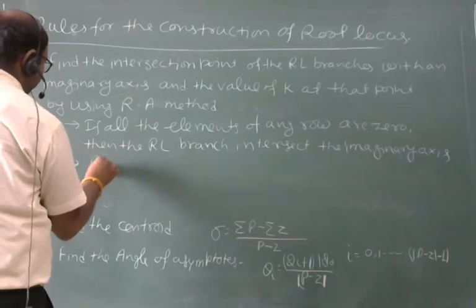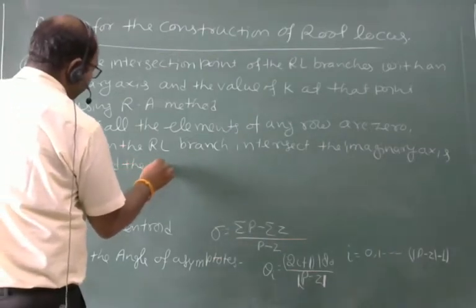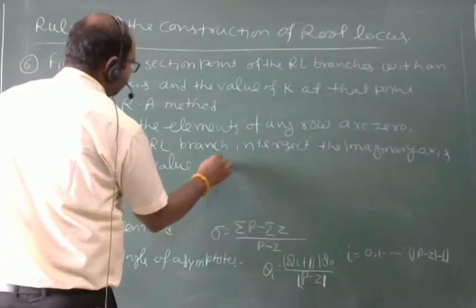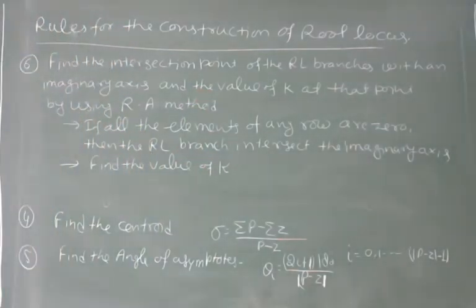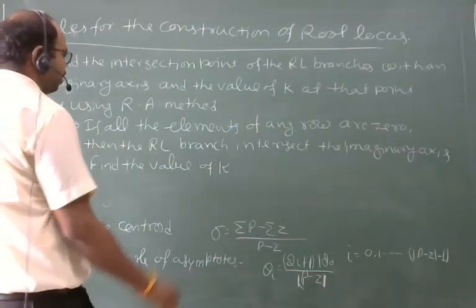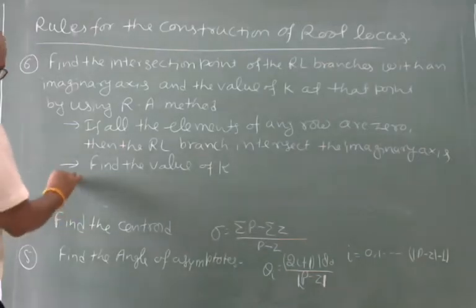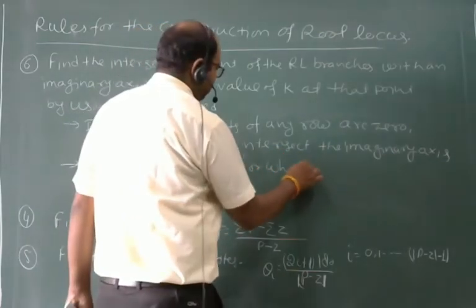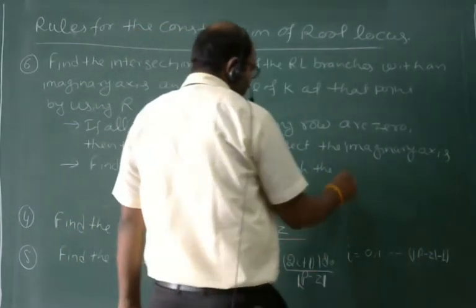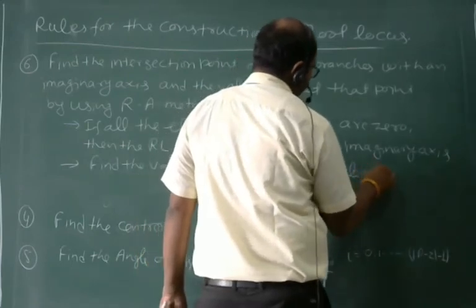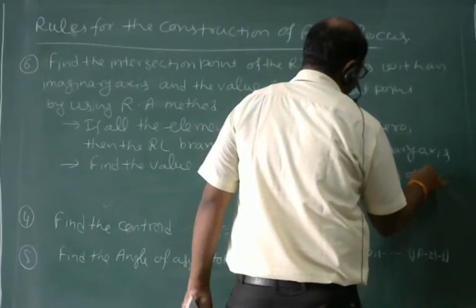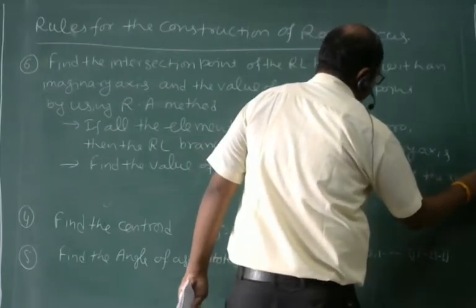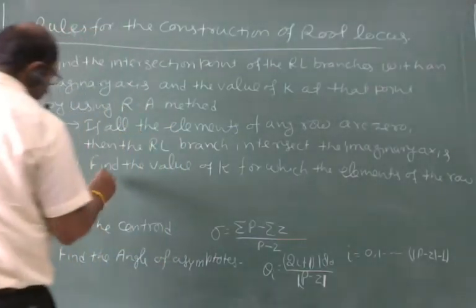Find the value of k for which the element of the row is 0.